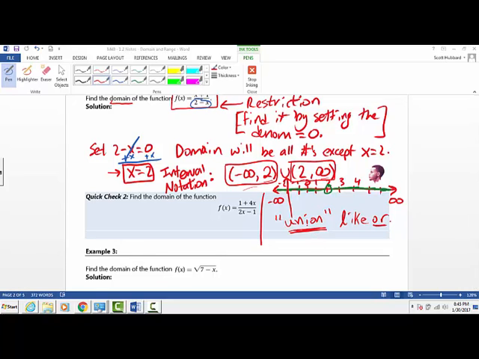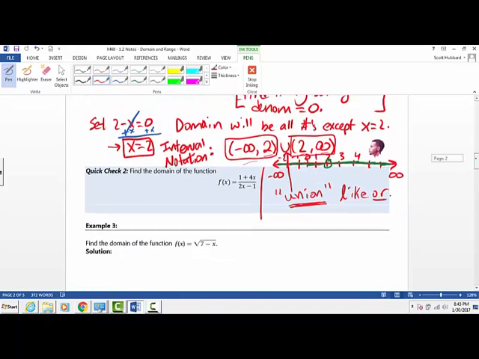If you just type in union, it will figure it out for you if you ever want to do an interval. Okay? All right. So that's important. That's called the union. We're going to be doing that a lot this semester. Unioning, things like that.